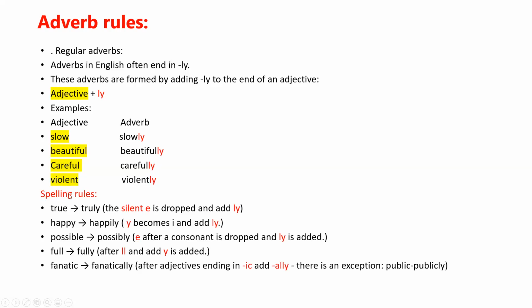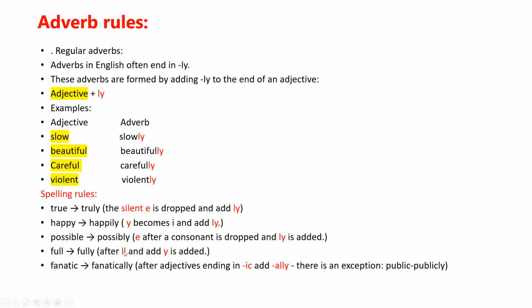Well, the spelling rules. If you have a silent E, you drop the E and you add ly. If the word ends in Y, you change the Y to I and you add ly. If you have an E after a consonant, it is dropped but an ly is added.